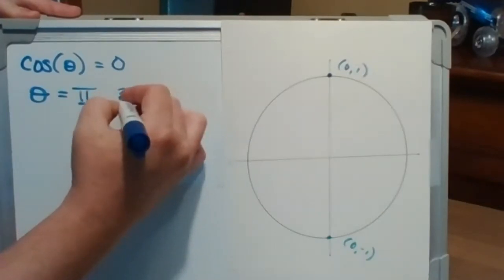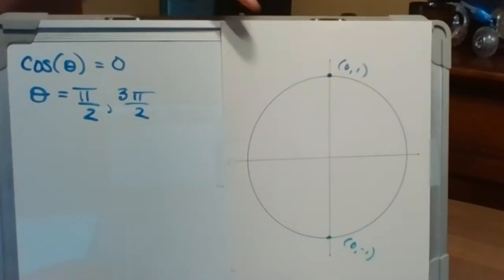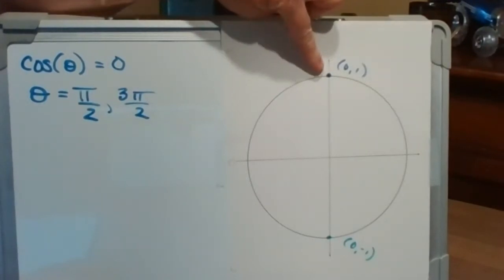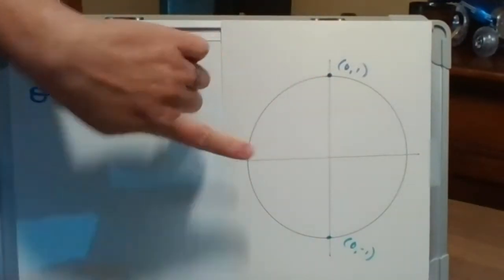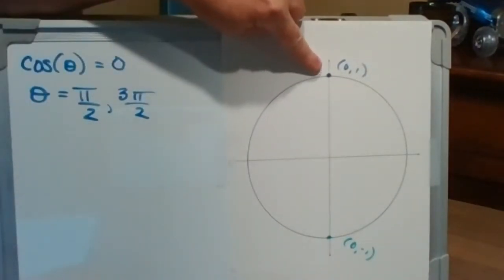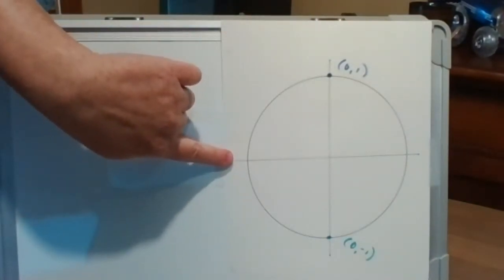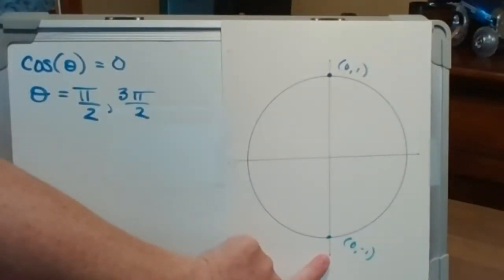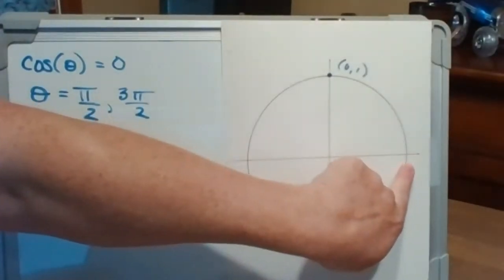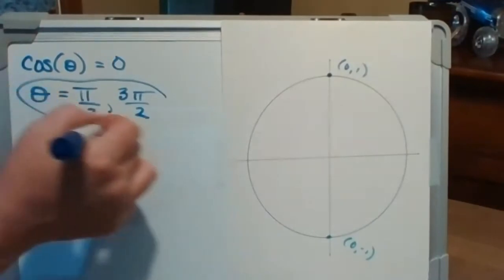Another way to help you count, because there's all kinds of patterns in the unit circle: this is pi over 2, 2 pi over 2, 3 pi over 2, 4 pi over 2. So you can count it that way as well. All right, there we go.